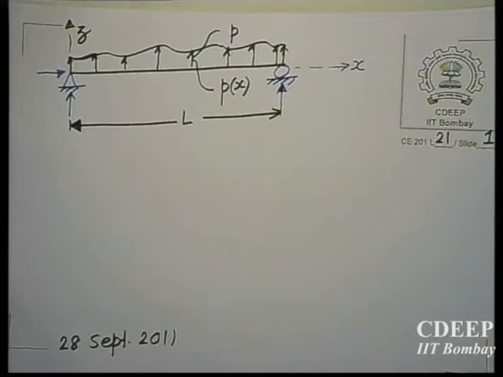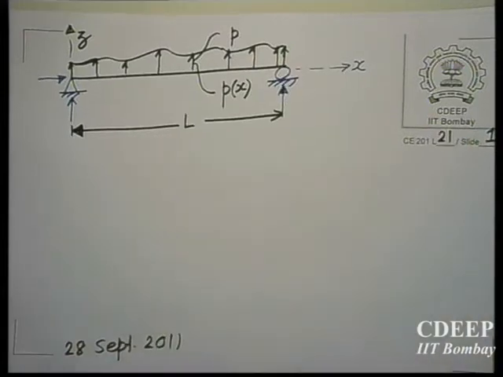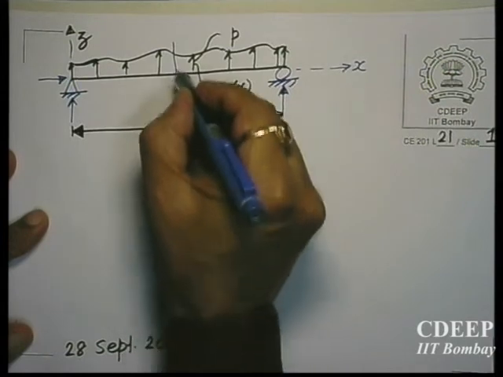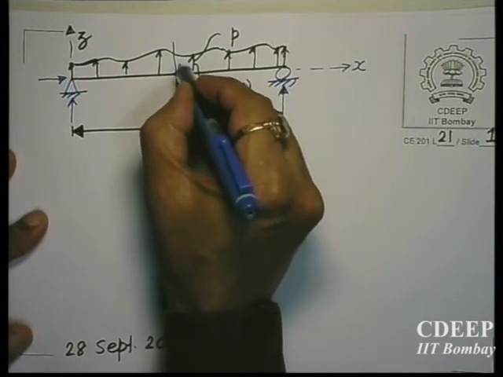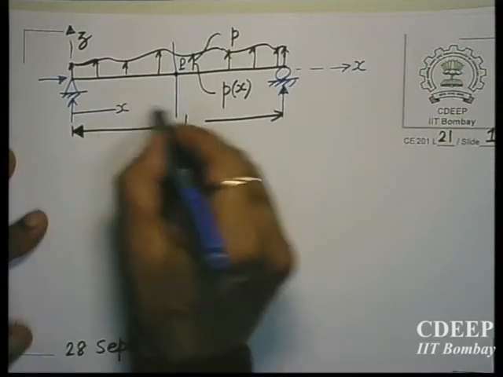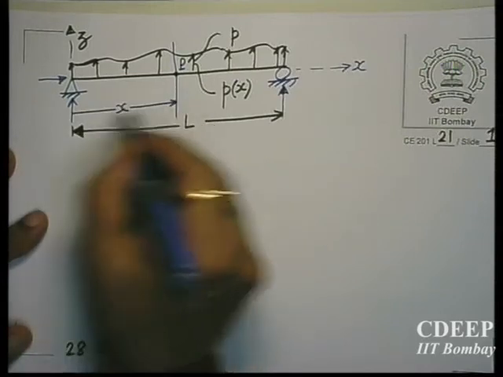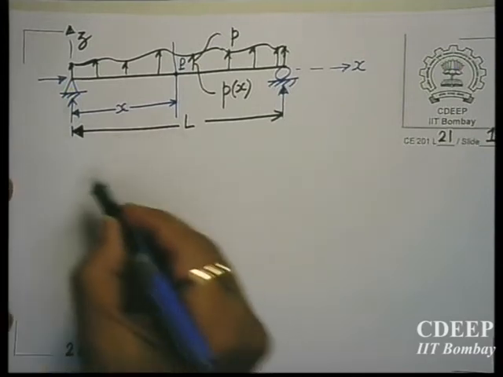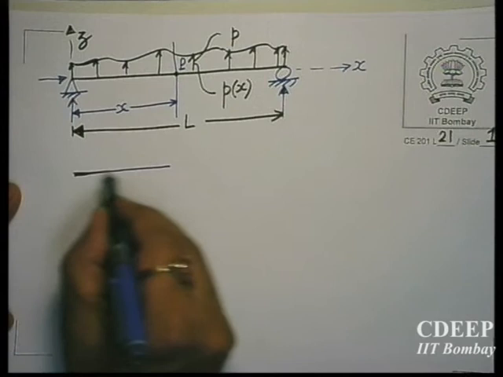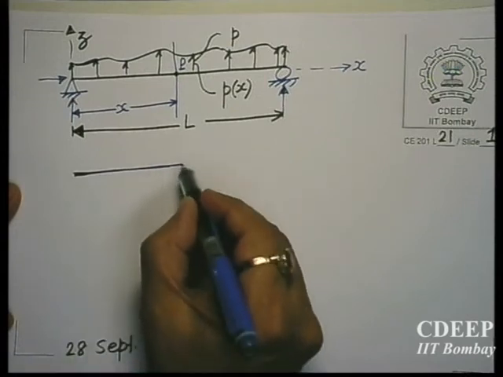Now, today we will try to find out, at any point along the length of the beam, let me take a point P, capital P, on the beam at a distance x from the left hand support. The free body diagram of this beam will be here, it is cut.